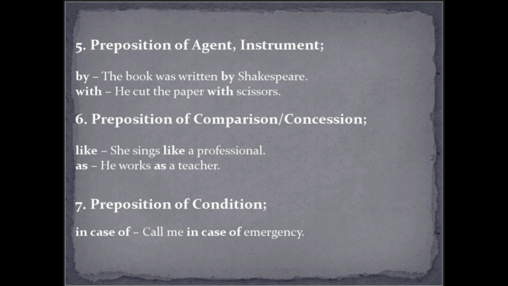When we make this kind of sentence, we use these kinds of prepositions: in spite of, despite. We'll see one example with despite also. We went out despite the heavy rain.